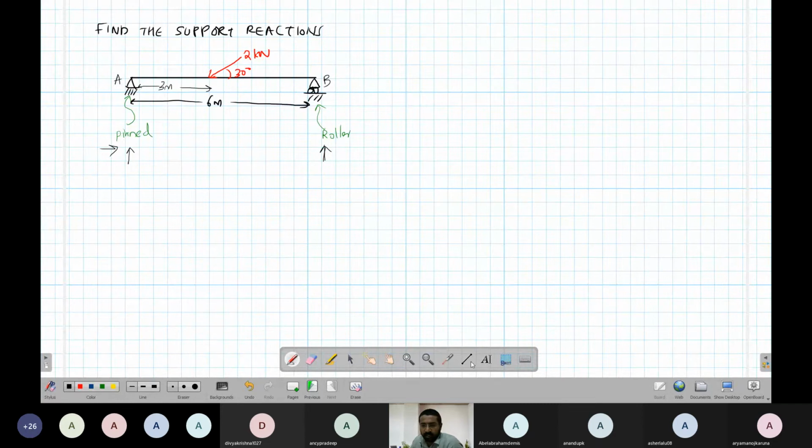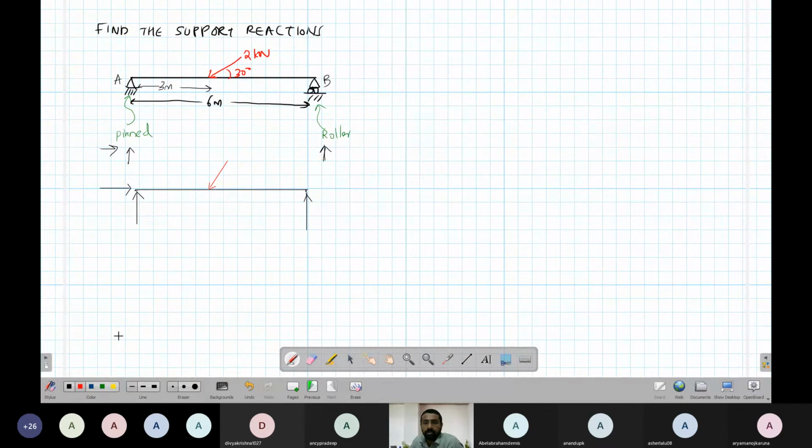So let's see. We will again redraw this diagram with forces. Let's say we have a force in this direction. We also have reactions here, another reaction here, and one reaction in this direction.